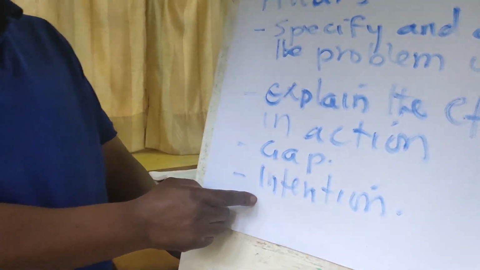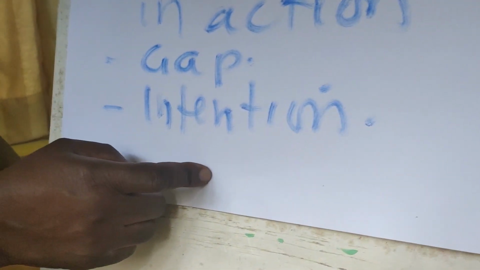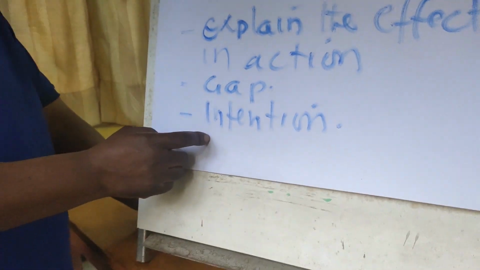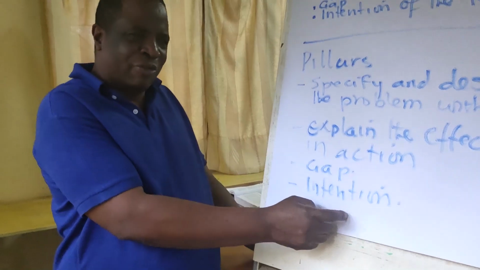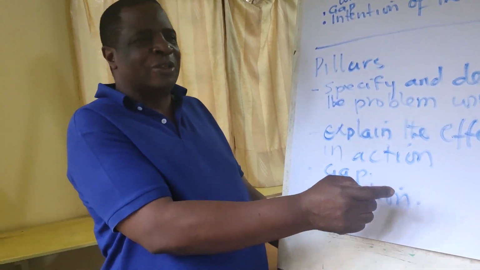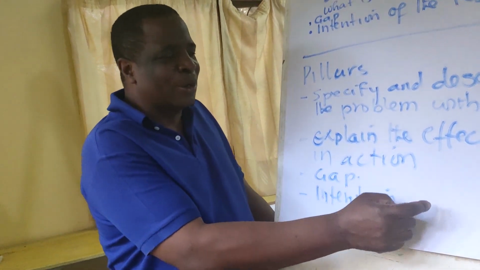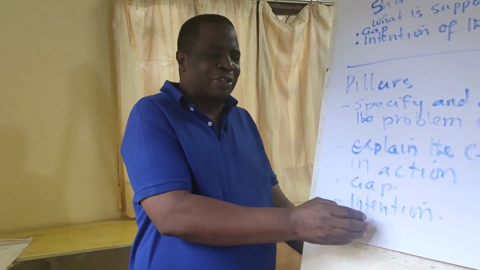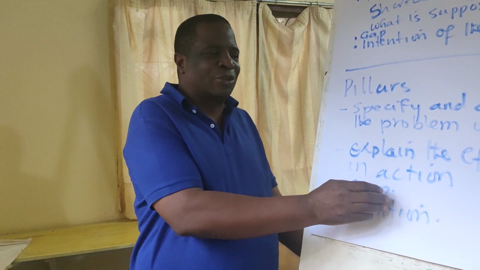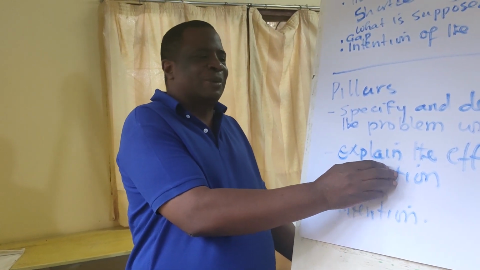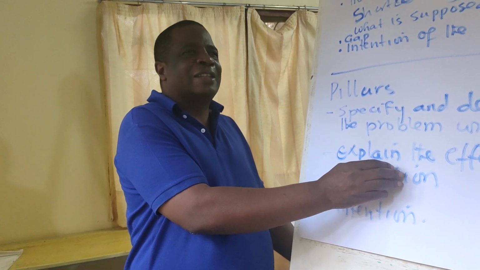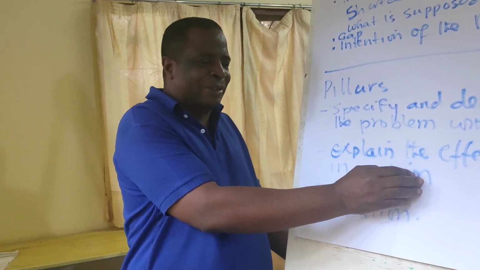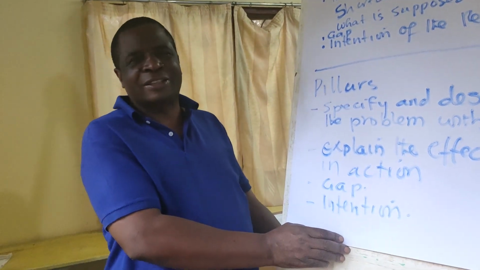It is not the purpose of the researcher to solve the problem. The intention of the researcher is to generate information, to generate knowledge which could be used by the policymaker or the people who are responsible to solve the problems which have been established and captured with evidence by the researcher.